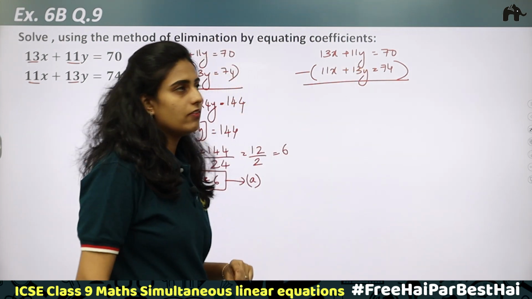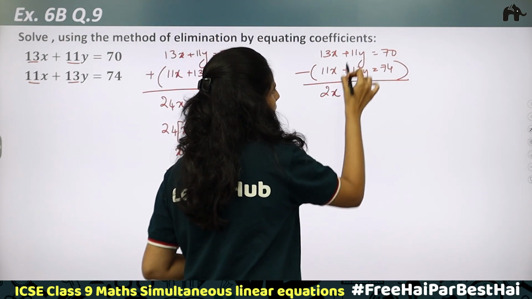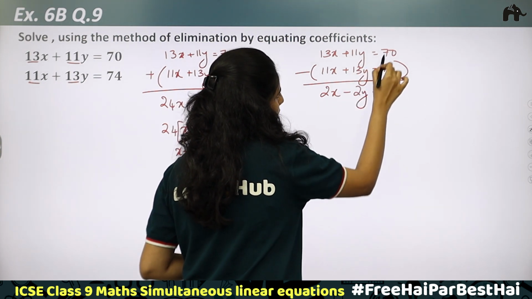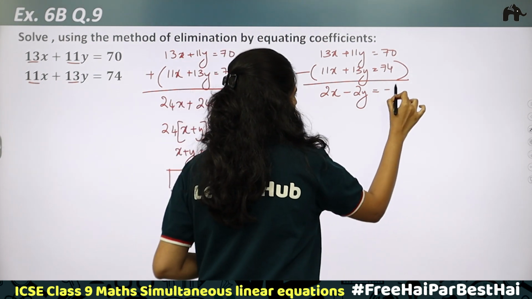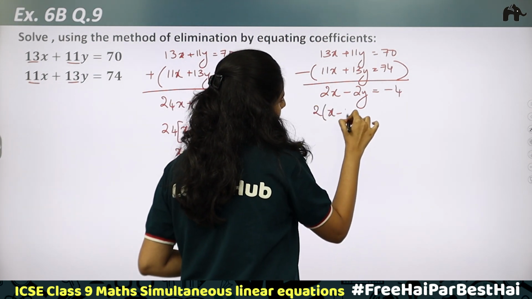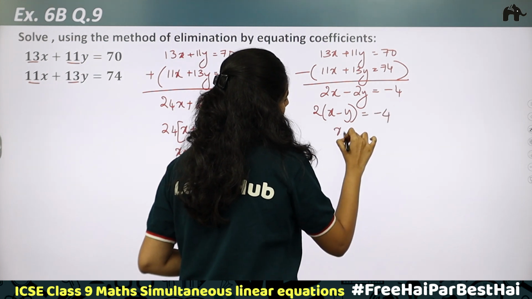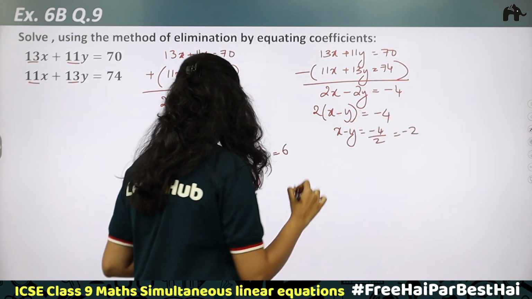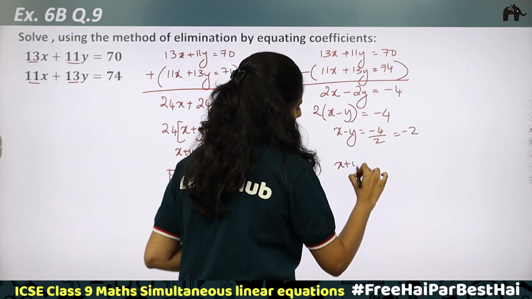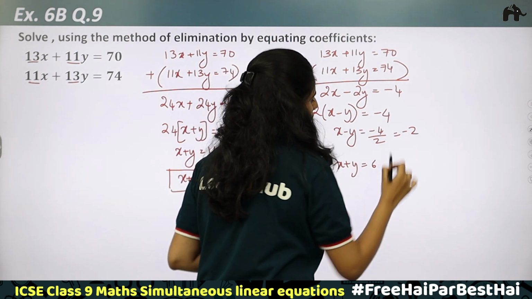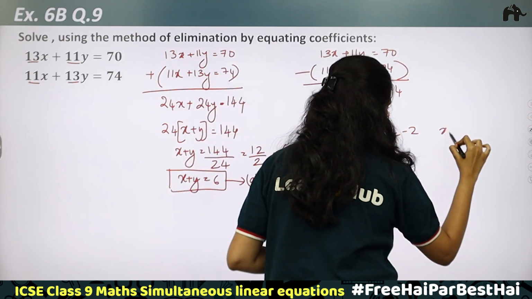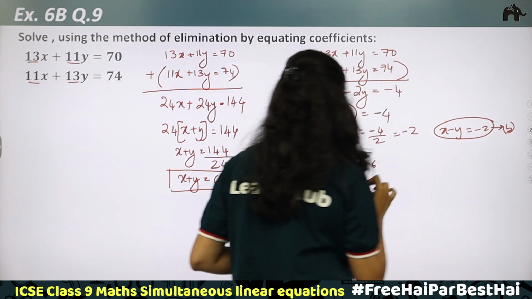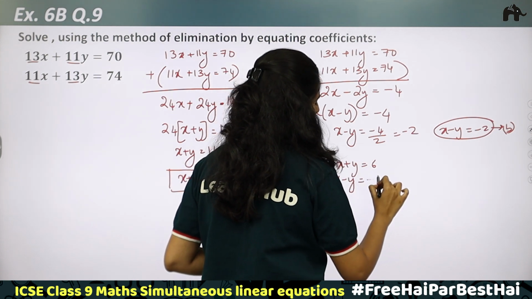Subtracting: 13 minus 11, which is 2x, 11 minus 13, minus 2y, is equal to 70 minus 74, minus 4. 2 common, x minus y is equal to minus 4. x minus y is equal to minus 4 divided by 2, which is equal to minus 2. So x plus y is 6, which we are taking as equation A. And x minus y is equal to minus 2 is equation B.